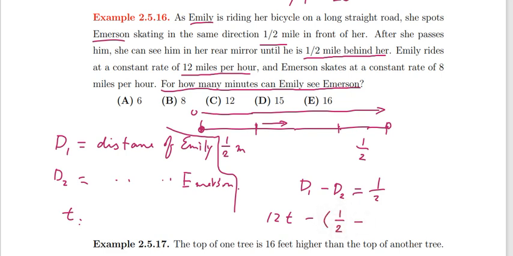The half mile plus his speed, which is 8 miles per hour, so plus 8 times t, right? So this equals half.